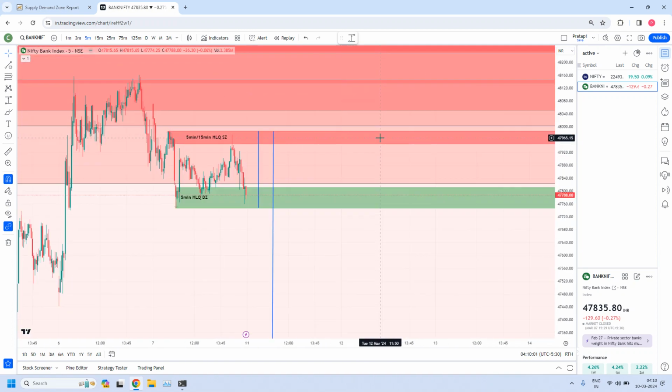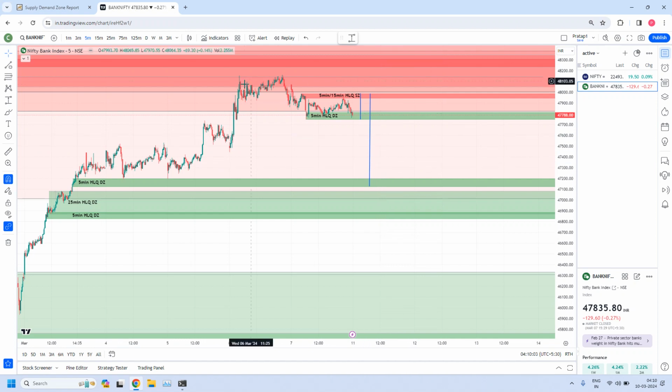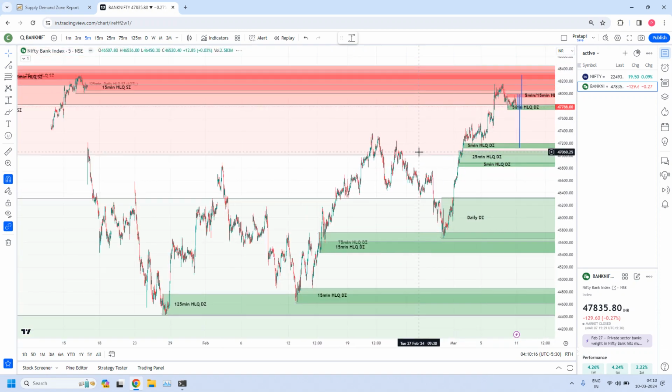If demand is very strong, what will happen? The range could be towards the upside. Let us assume if the demand is very strong, this could be the range. This is immediately available during next week.